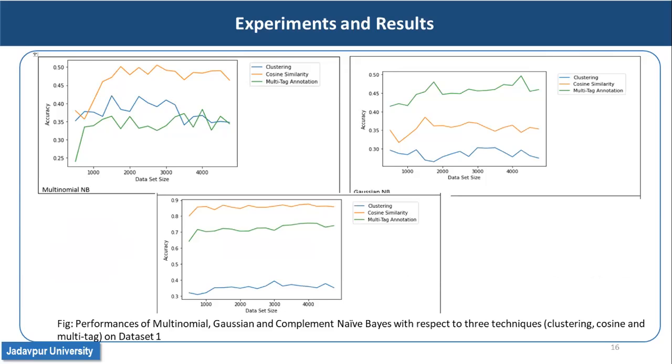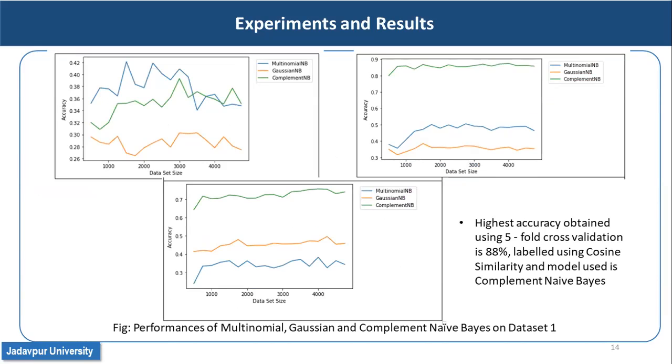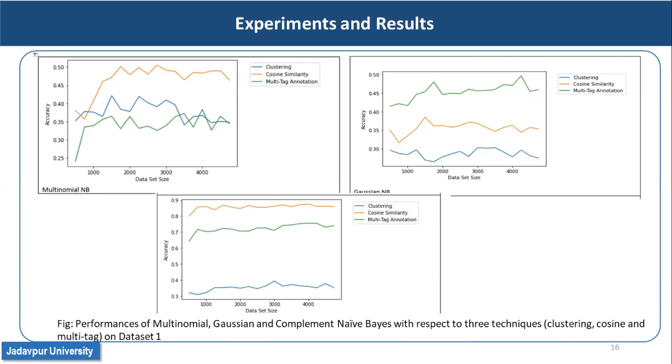So again, this is the performance of these labels with respect to the three techniques: clustering, cosine, and multitag on the first data set. In this slide, the performance of the naive Bayes models was seen, while here the different kinds of techniques for labeling the data have been computed.